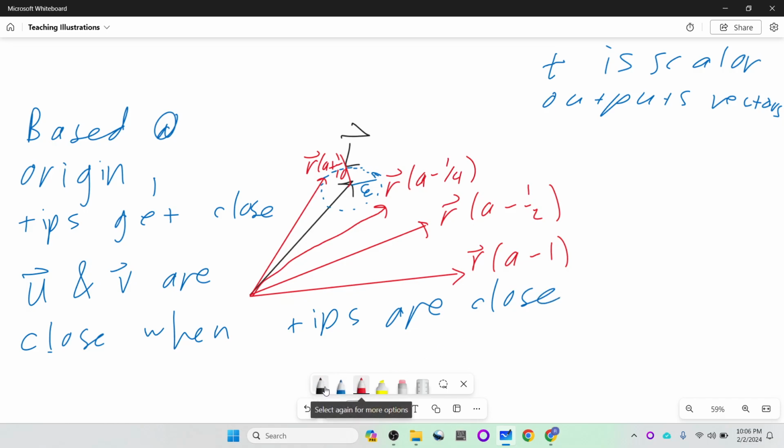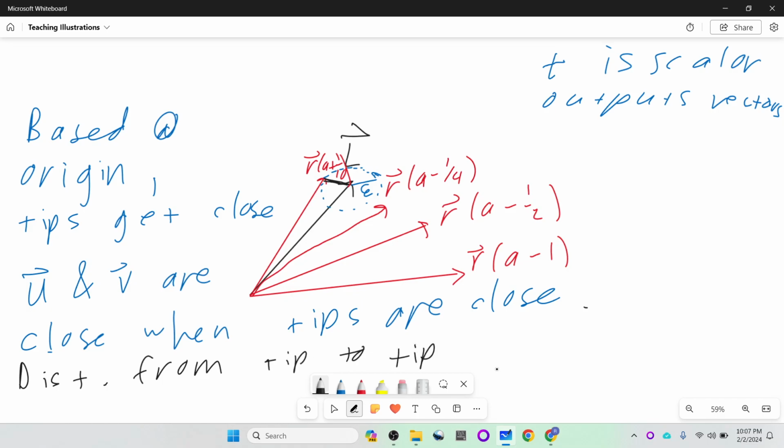Well, how far apart are the tips of these vectors? We said a while ago, if we want to measure the distance between the tips, that is the same as subtracting the vectors. So the distance from tip to tip needs to be small.